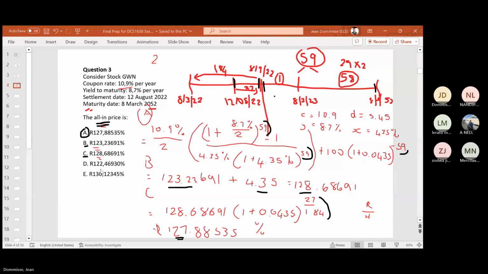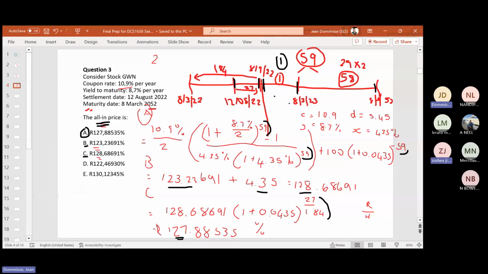There's a question: in the first calculation, why did you put 59 instead of 58? Very good. Remember our period is from September to March, so there is also one 6-month period that we need to take into account.